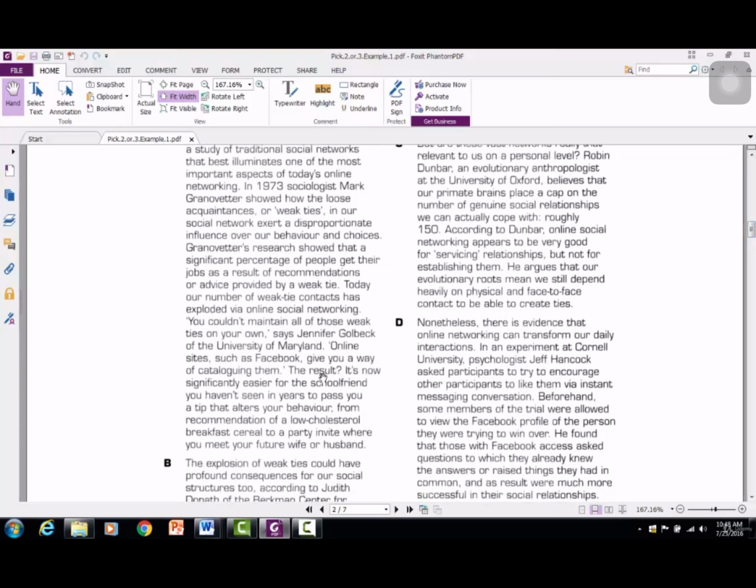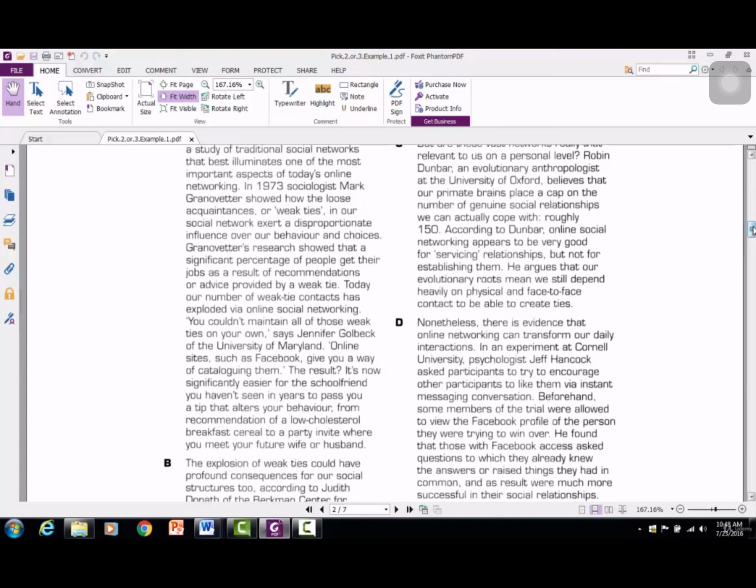It talks about the result: it's now significantly easier for the school friend you haven't seen in years to pass you a tip that alters your behavior from recommendation. So this is talking about the ability to meet your future wife or husband.